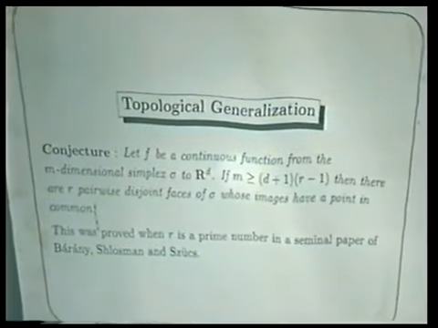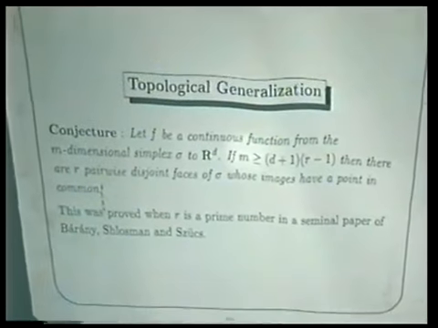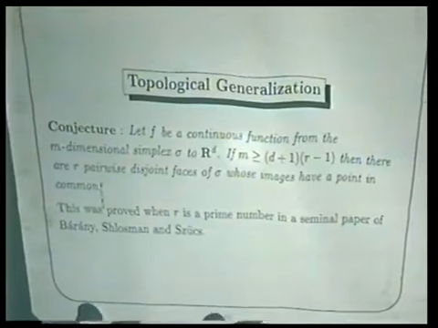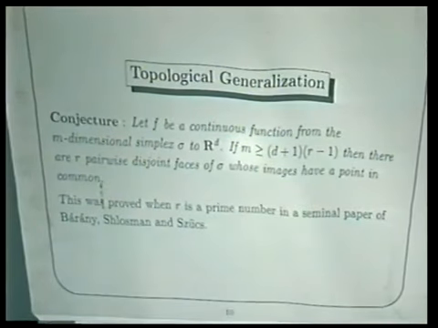And now I would like to move along to topological generalizations. Unfortunately this is only a conjecture, and it says the following. Suppose we have a continuous function from the m-dimensional simplex to R^d, where m is this number, (d+1)(r-1).